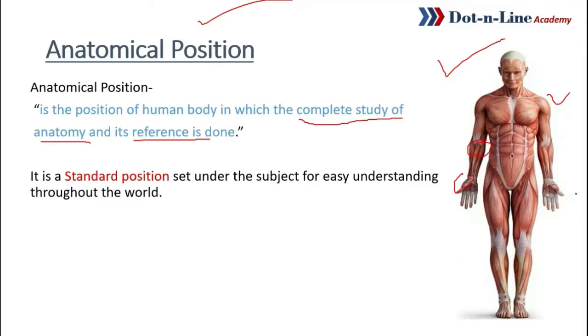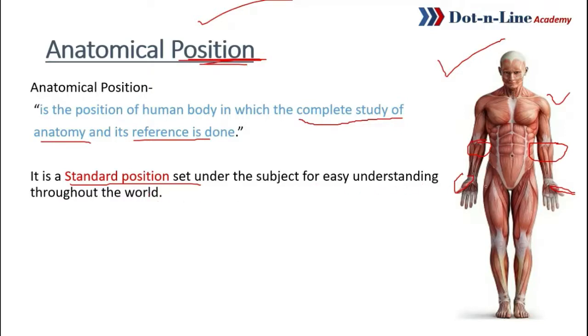In physics, we refer, we relate. So to relate one part of the body to another, this position is important. It is a standard position set under the subject for easy understanding throughout the world.